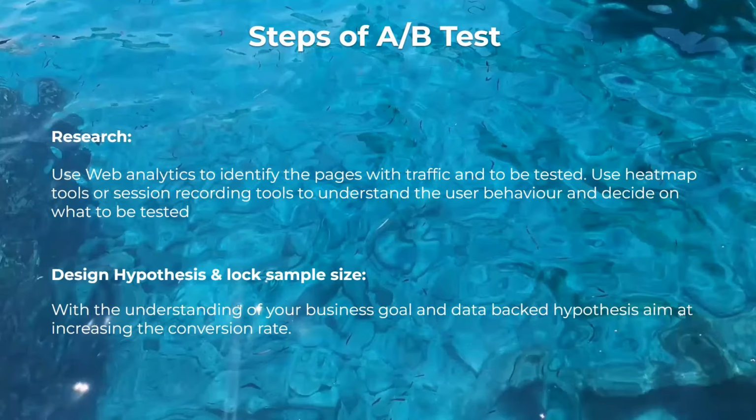The second thing that we have to do is design a hypothesis and look at the sample size. For the hypothesis, you come up with an assumption that changing a certain thing can make betterments, and then you take that hypothesis and do the modifications. You will also have to look at what sample size you need.